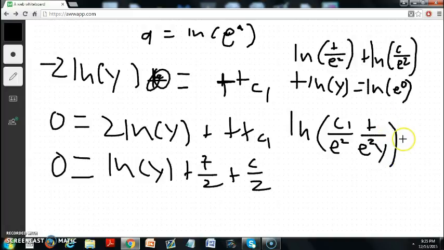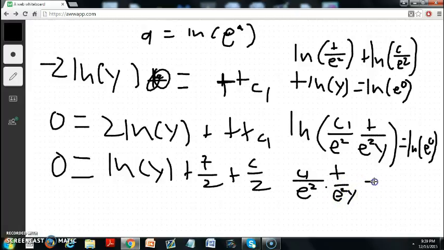And that's all going to be equal to the natural logarithm of e to the 0th power. Now, once you get rid of the natural logs, it's going to look like the constant over e squared multiplied by our time over e squared y equal to e to the 0th power.